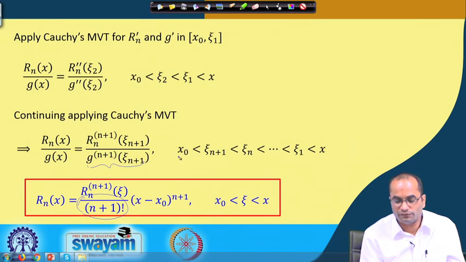It lies somewhere between x_0 and the point x. So, which is written here, the xi lies between x_0 and x.